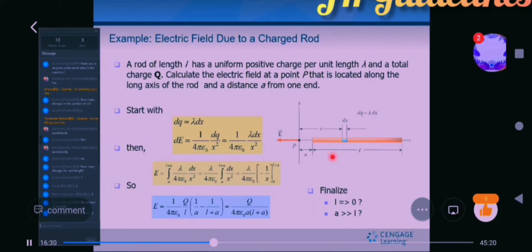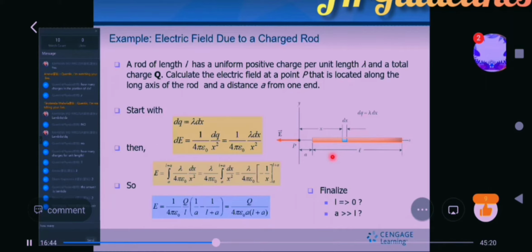What's 2? Dixon says 2. Amos says 3. I don't know. Well, there's no 2 or 3 in this question. So let me ask this question again. How many charges in the portion of dx?